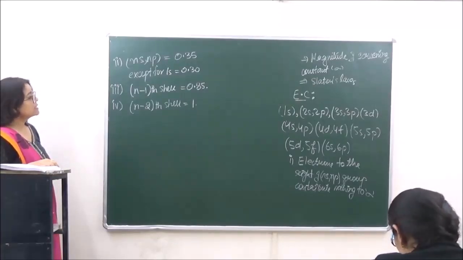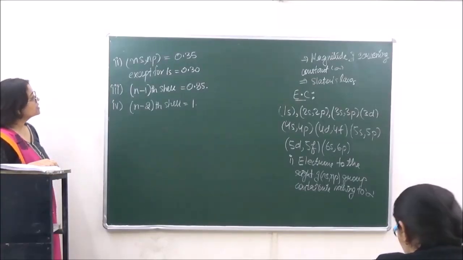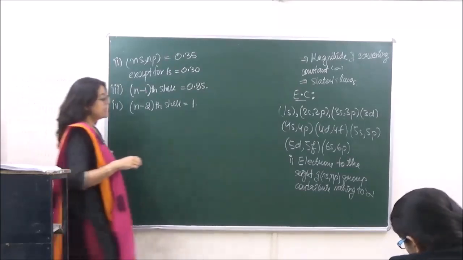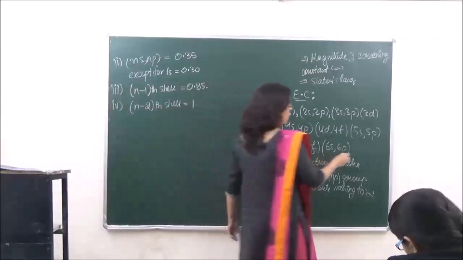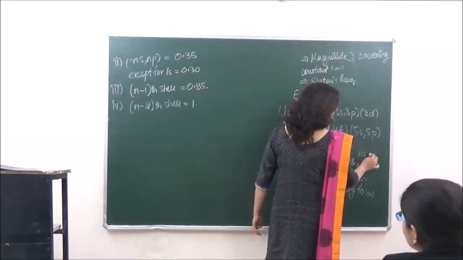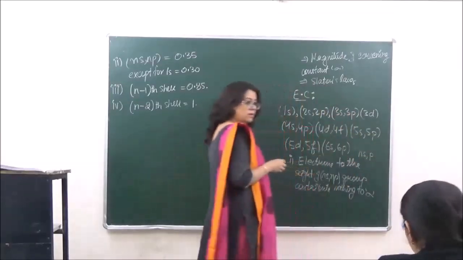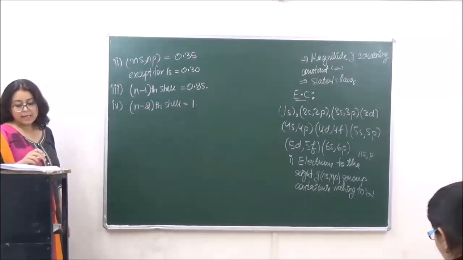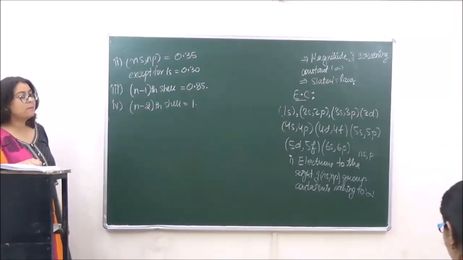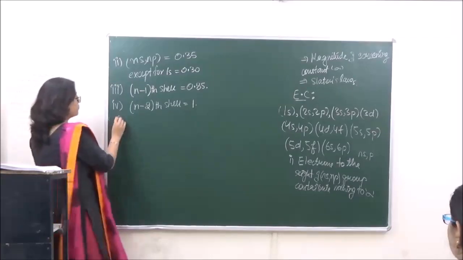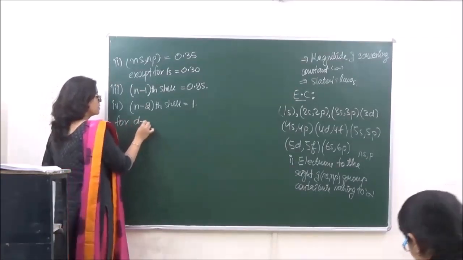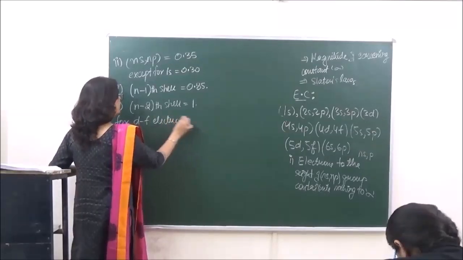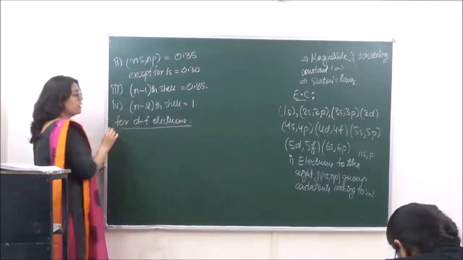These rules, the first, second, third and fourth points, are only true for s and p electrons. For d and f electrons, we follow another rule.